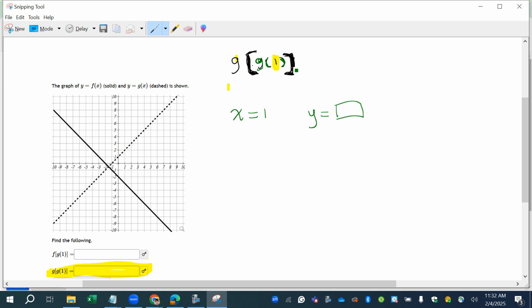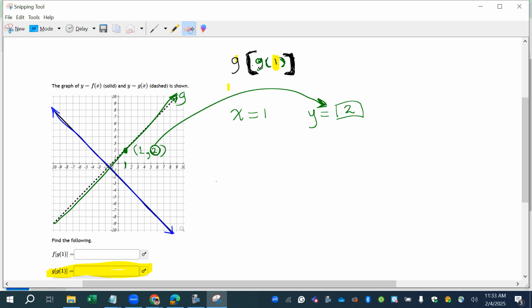So what is the y value when x equals 1 on the green g function line? Okay, so now I'm going to go to where x equals 1, find the point on the green line, and just write down the ordered pair, and then take the y value as the answer to this step.